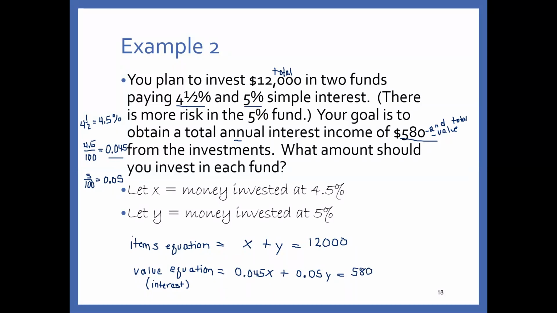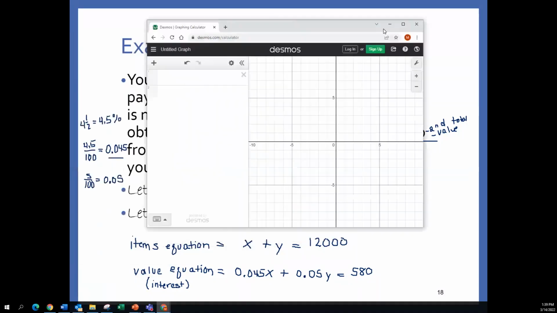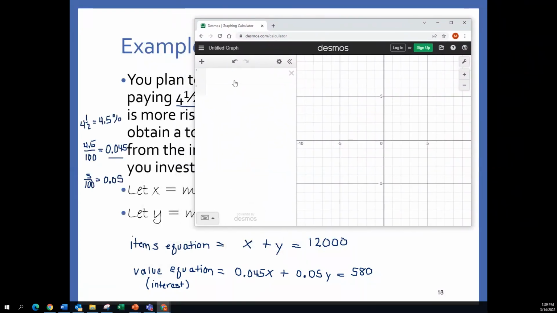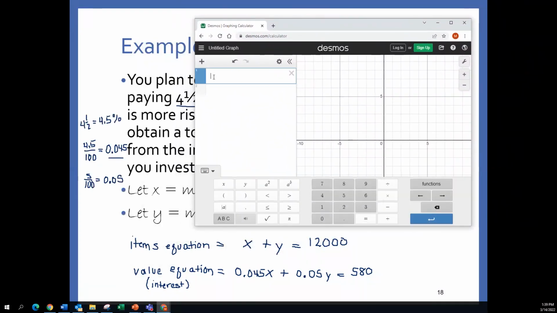Now that I have two equations, I can actually use the Desmos graphing calculator to do the solving and to figure out what x and y equal. So I'm pulling in my calculator into my window, and I'm going to click in the space for the first equation. If your keypad doesn't show up immediately, you can click on it here, or you can use your actual keyboard.